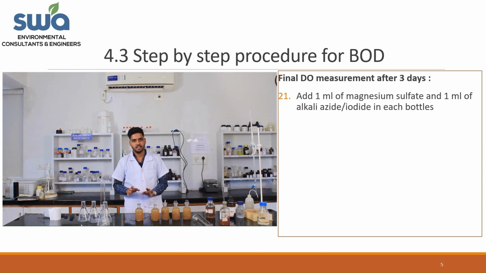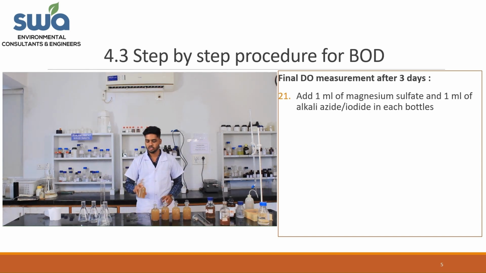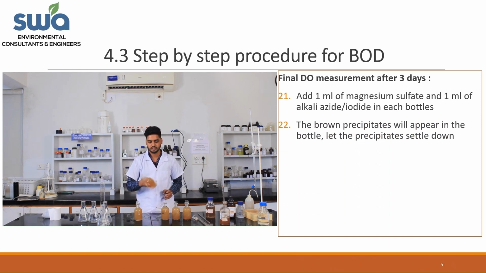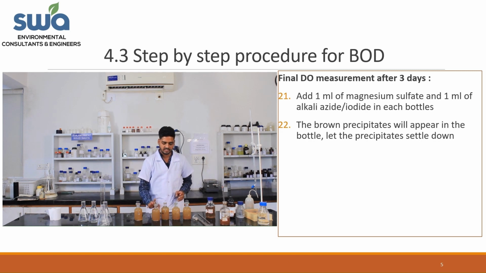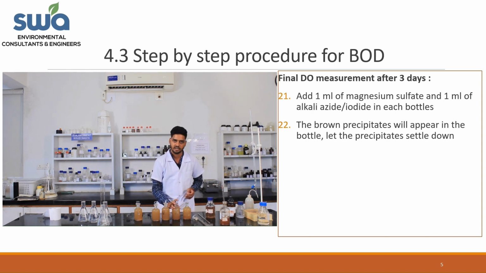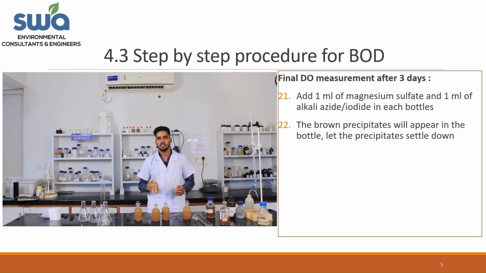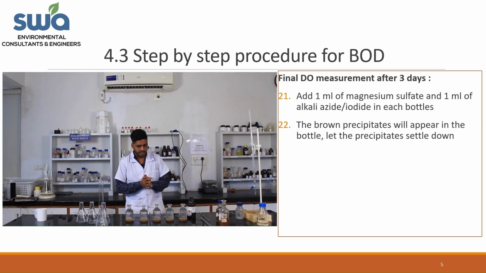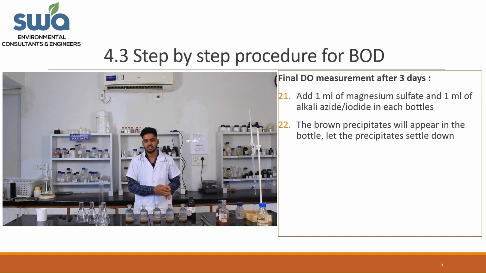After adding the alkali azide, shake the bottles properly and let the precipitates settle to the bottom of the bottles. After the precipitates have settled at the bottom, we will add concentrated H2SO4 into the bottles, and then we will move to the titration. So let's wait till the precipitates settle to the bottom. As you can see, the precipitates are settled at the bottom.